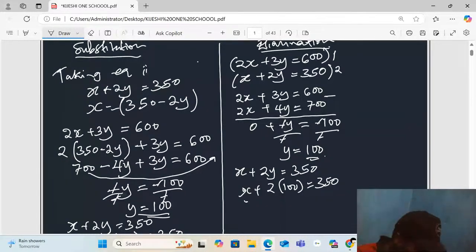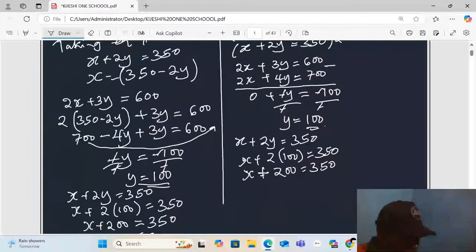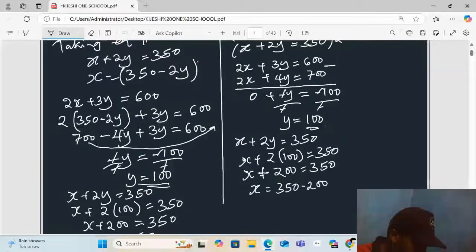So x plus 200 will be equal to 350. So to find the value of x, we subtract 200, and your value of x becomes 150.